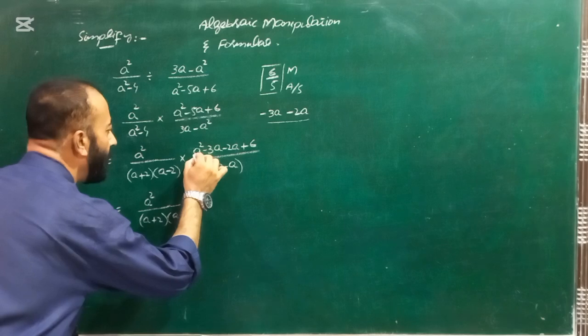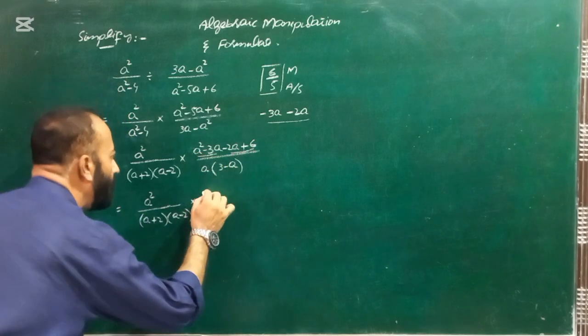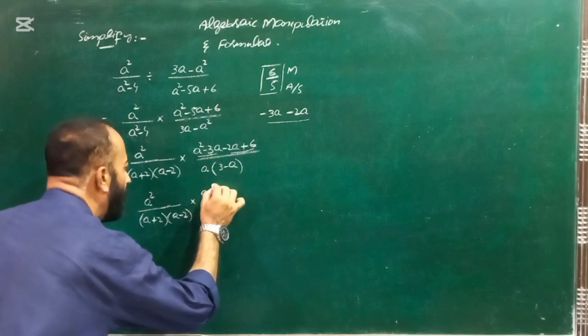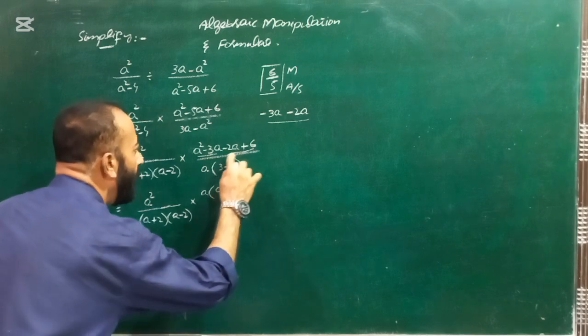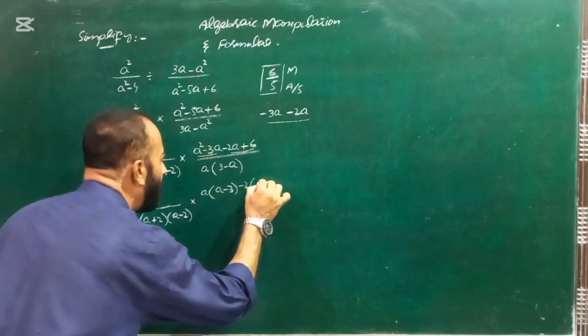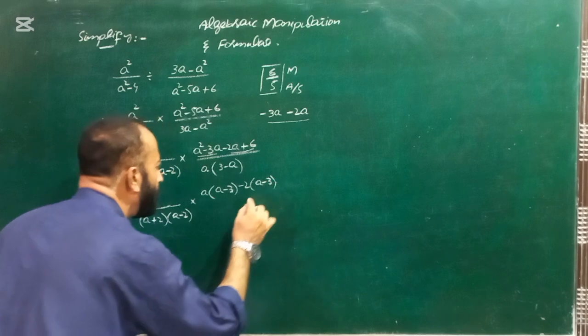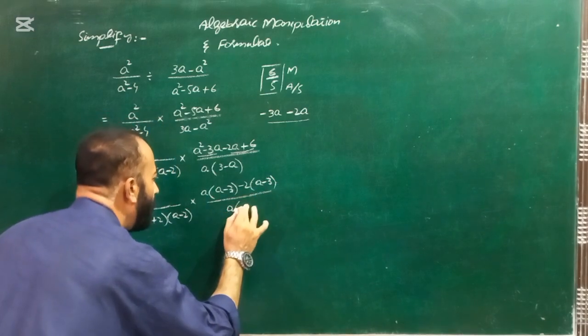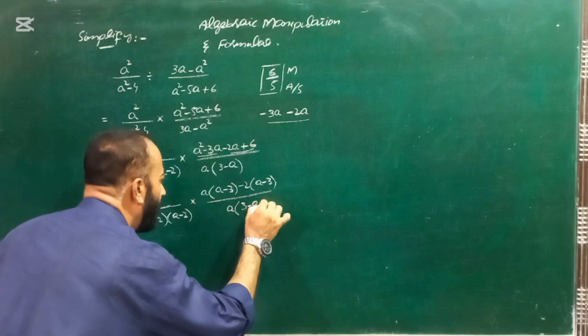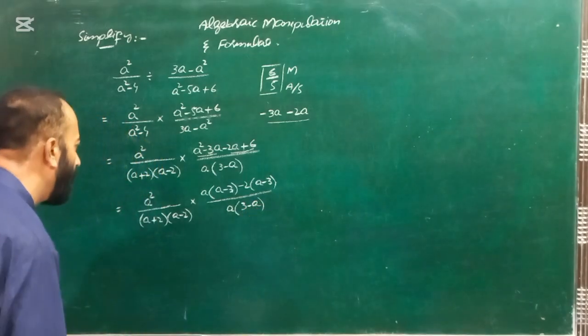Okay, from here in the numerator you can see now you will take common. So a is common in the first pair, a minus 3 is left. In the second pair, minus 2 is common, a minus 3 is left. In the denominator, a into 3 minus a is still there.